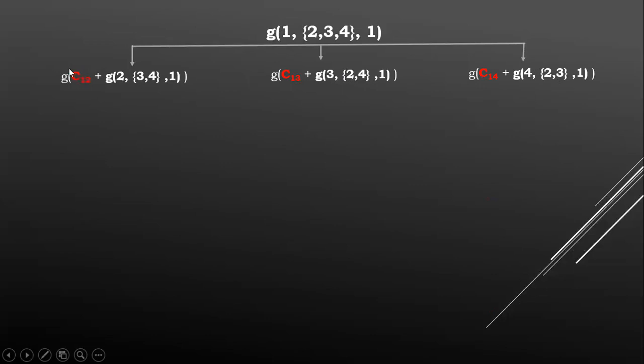Here all these red color values we can get from the cost adjacency matrix, because these are the direct costs from vertex 1 to 2 that we have represented in the adjacency matrix. But how do we calculate this one? To find the path from 2 to 1, we have two intermediate vertices, so here also we get two possibilities. Either we move from 2 to 3 first, or 2 to 4.